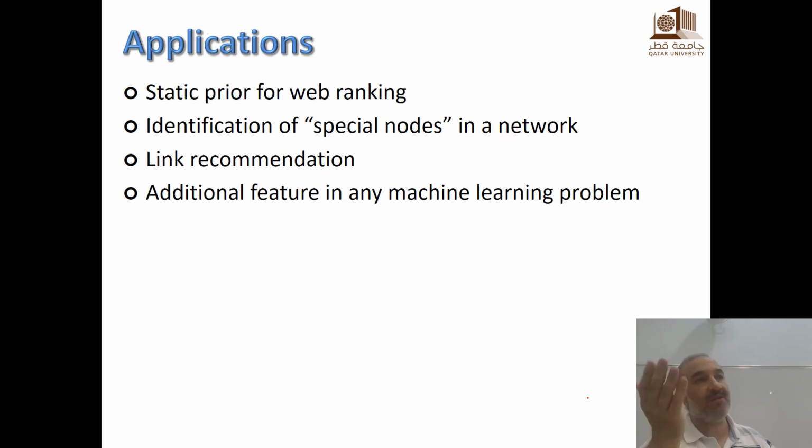PageRank is used in other applications. Some of these applications are here. Link recommendation or friend recommendation. You might compute PageRank scores for your community and then recommend those who have high PageRank.